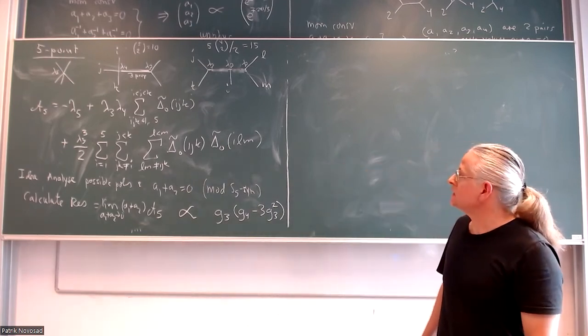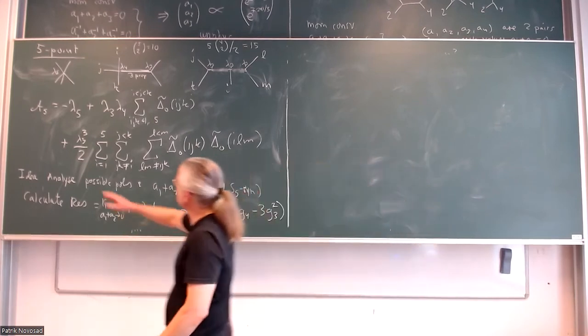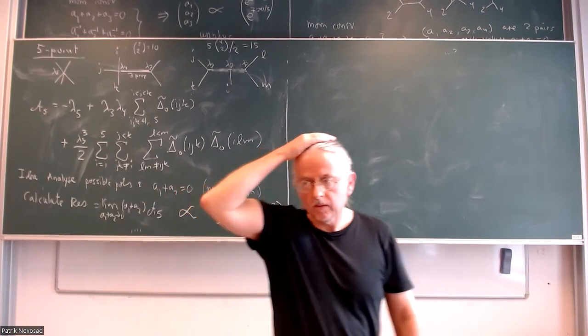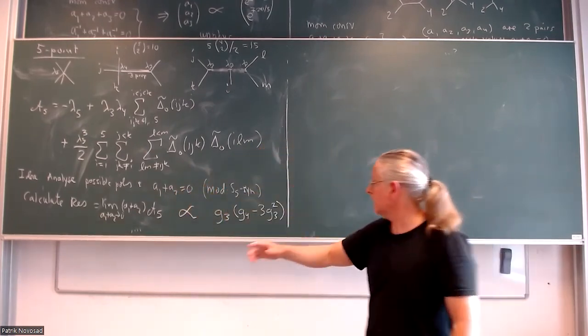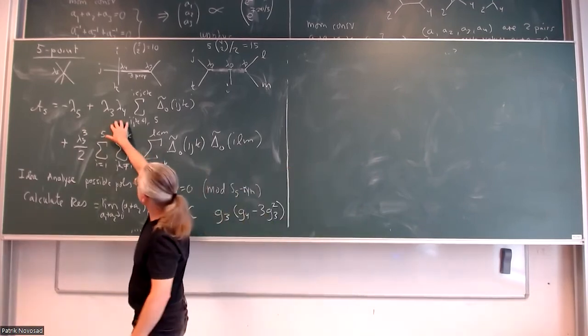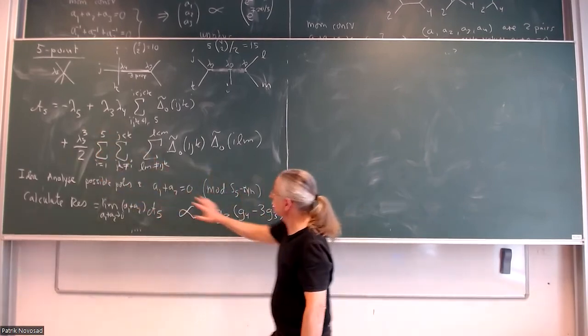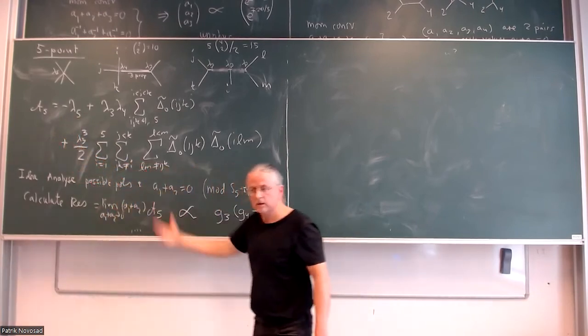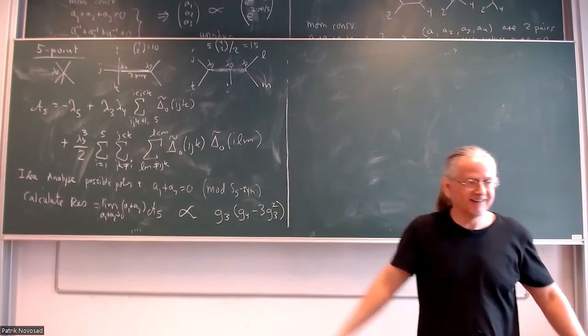And you can check this. This of course comes from this guy, and this comes from this guy, and this has no poles, so it sort of makes sense at least.